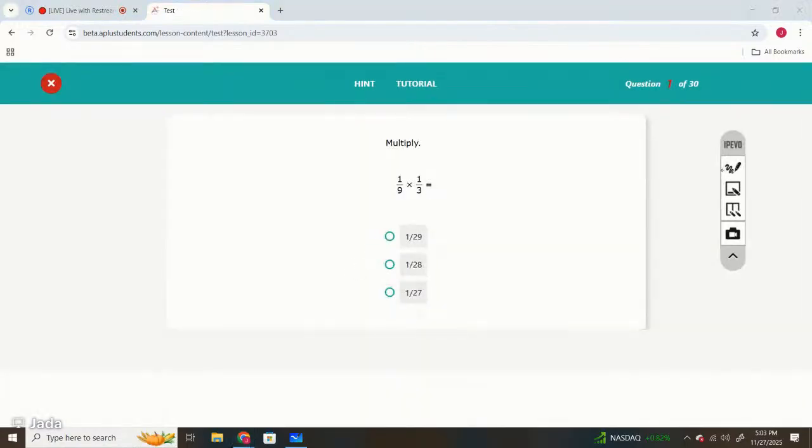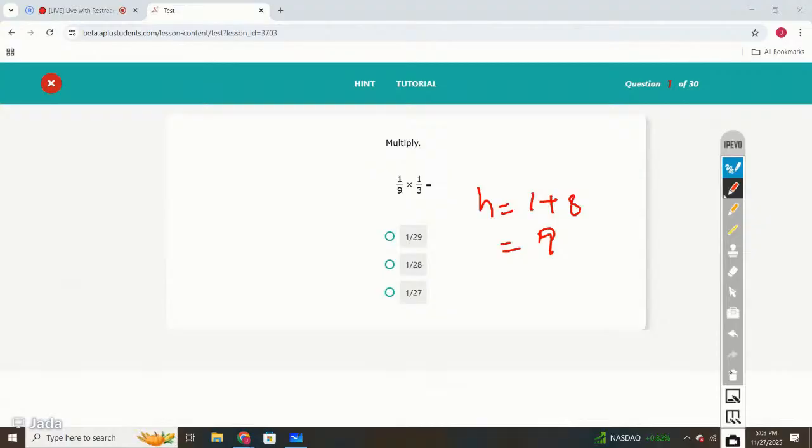1 by 9 times 1 by 3. So you have to multiply numerator times numerator and denominator times denominator. 1 times 1 is 1 and 9 times 3 is 27. That is 1 over 27.